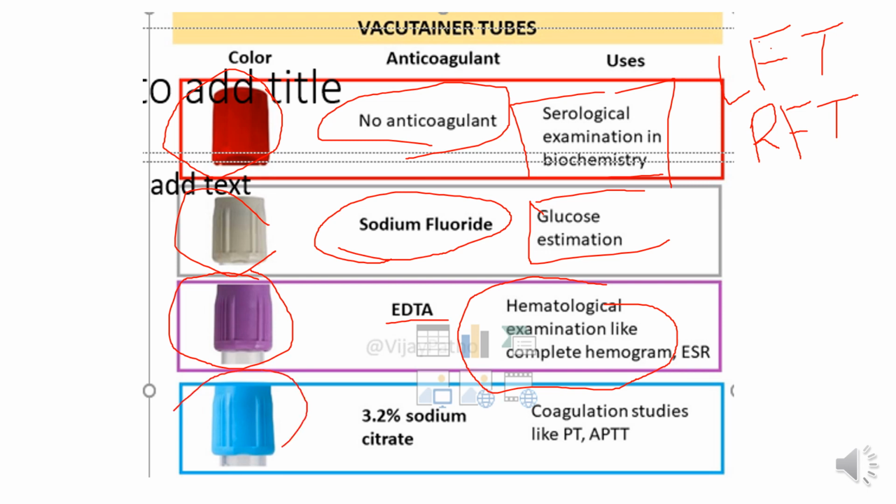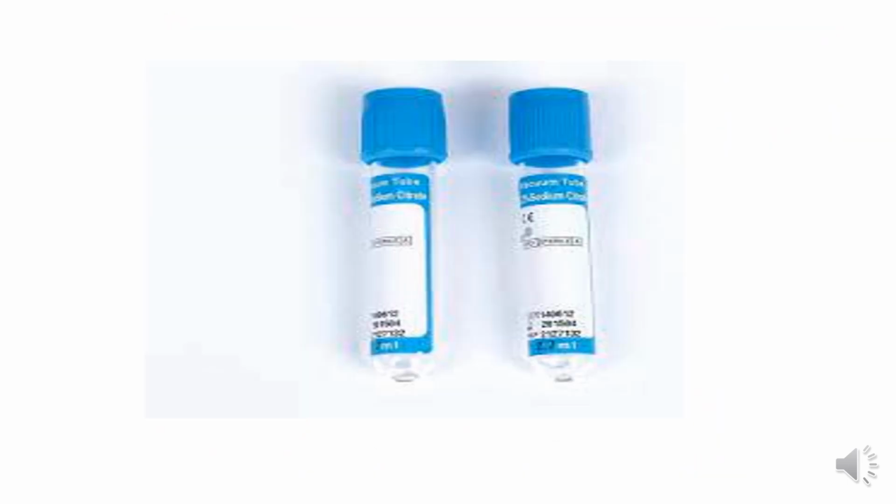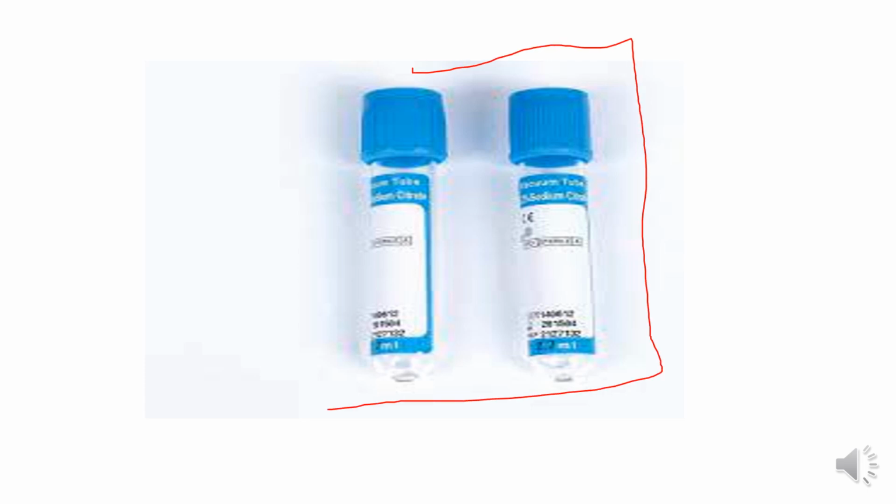And again, this is the blue vial, and the anticoagulant is sodium citrate, and all the coagulation profile is sent in the blue vial. So let us recall once again, this is a purple vial, and this is a blue vial. In this we are sending the coagulation profile.